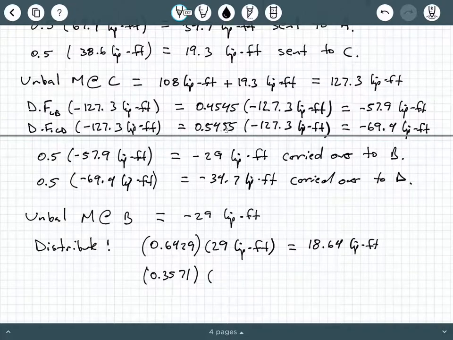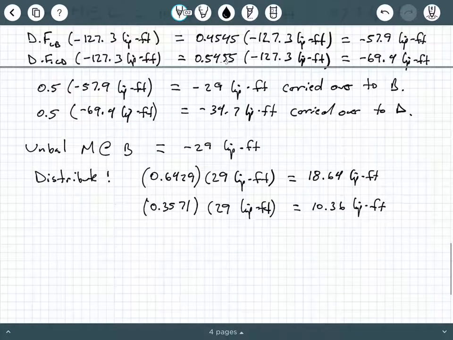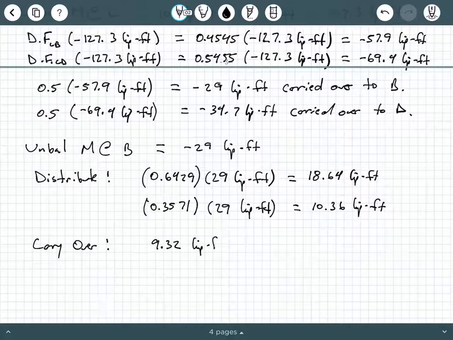And then we're going to distribute 0.3571 times positive 29 kip feet, and that's 10.36 kip feet. And then when we do our carryover calculation, we take half of each of those.